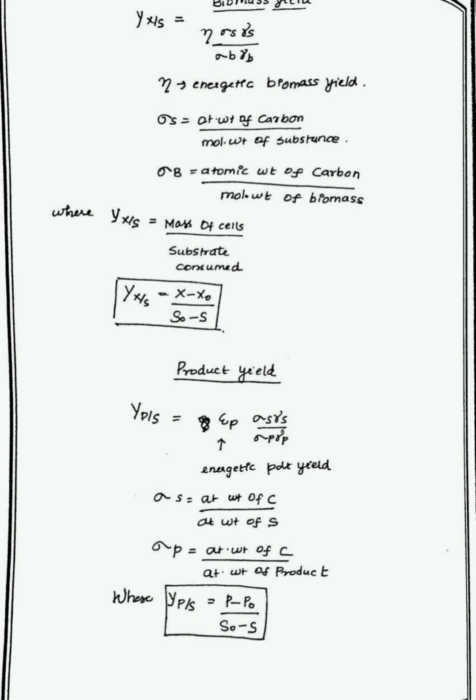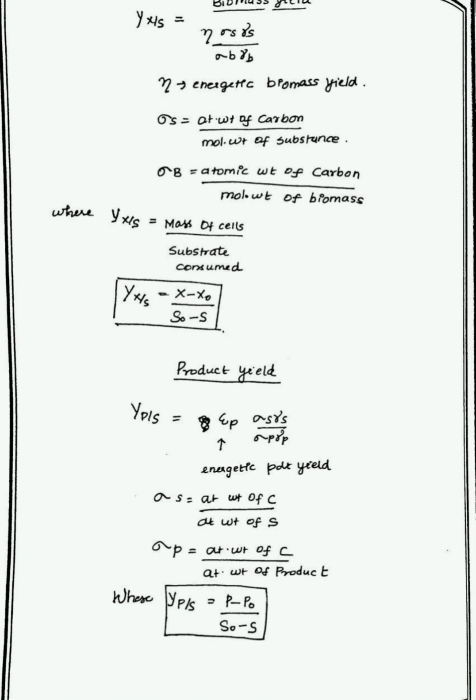Then coming to the product stoichiometry, in many fermentations the extracellular products are formed during growth in addition to the biomass production. When this occurs, the stoichiometric equation can be modified to reflect the product synthesis.